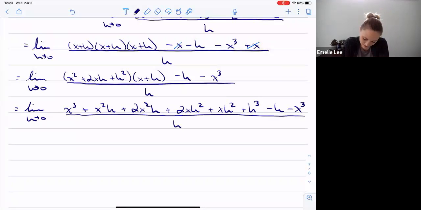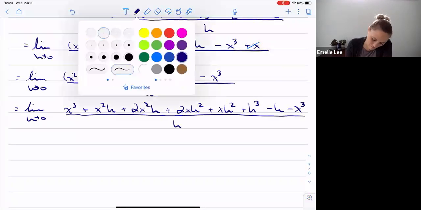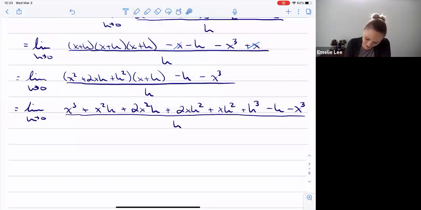So here, I'm just going to try to collect like terms. First thing I see is x to the 3 minus x to the 3, so I'm just going to get rid of that right away. And then I have 1x squared h plus 2x squared h, so I can collect those two.